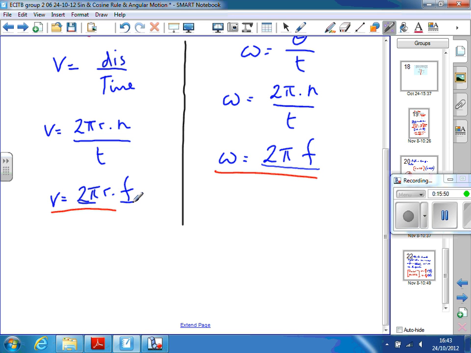So we can combine these two to get a very important formula that you'll use a lot that relates the linear velocity v and the angular velocity omega. V equals omega r. And that's the formula that you need to remember and use. And this is how it's arrived at.